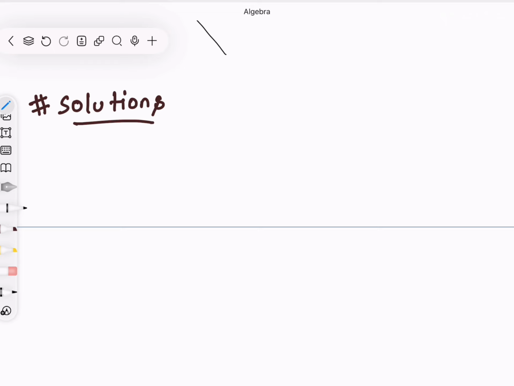So let's say you are given two linear equations. One is a1x plus b1y equals c1, right? This is the first equation. And there is a second equation, that is a2x plus b2y equals c2. Now they will ask to find the number of solutions of these equations.